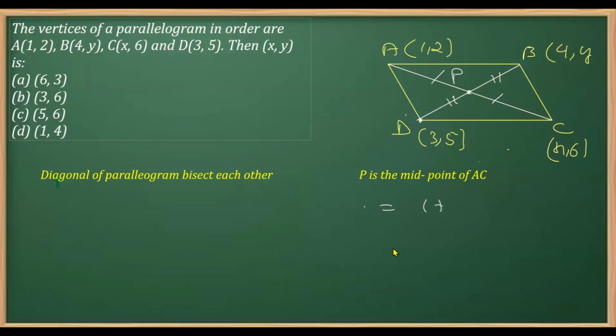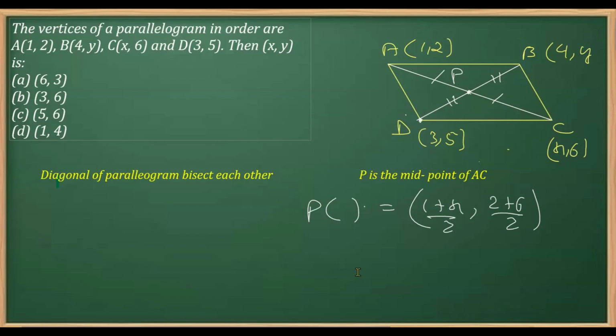Similarly, the y coordinate is (y1 plus y2) over 2, that is (2 plus 6) over 2. This is the coordinate of P.